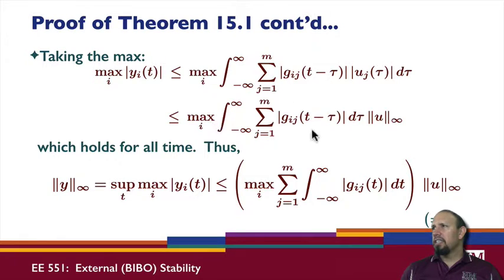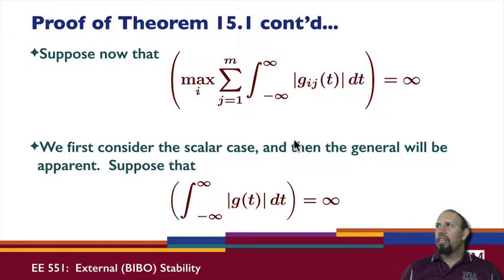Notice that at any given instant in time, I have this quantity, but I can change the limits of integration and get this. Now, when I integrate with respect to time, this quantity is independent of time. So this is just a constant, and I have this inequality. So we've proved this direction.